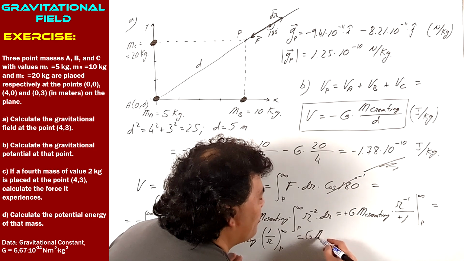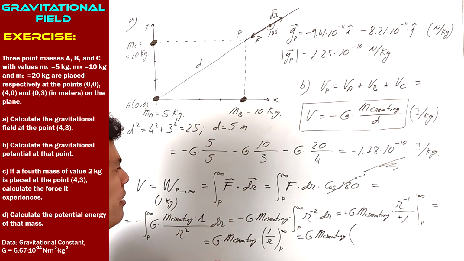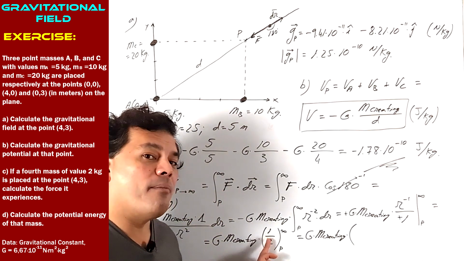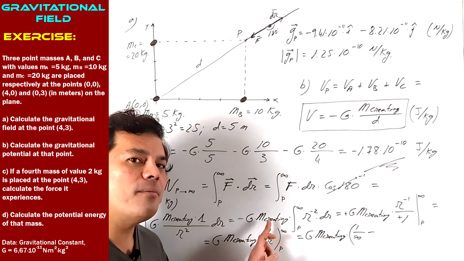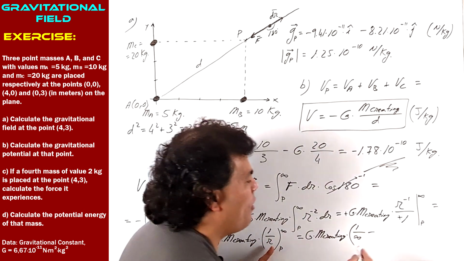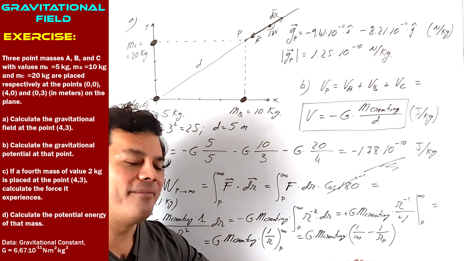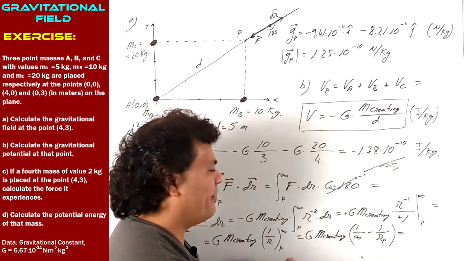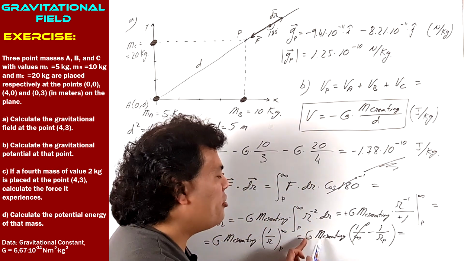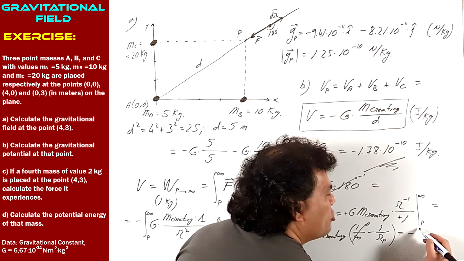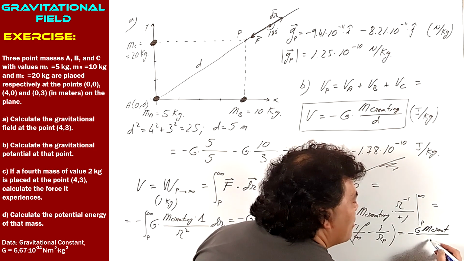G multiplying the creating mass, 1 divided by infinite, minus 1 divided by r sub p, the distance of point P. This is 0, and we have -G, creating mass, divided by the distance.